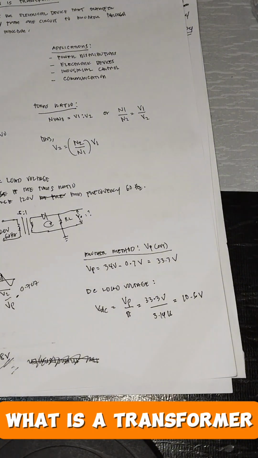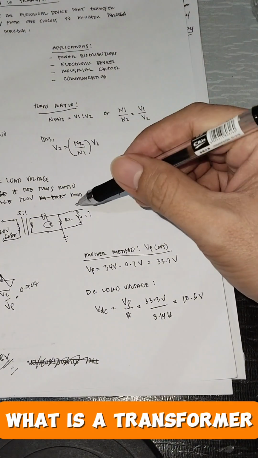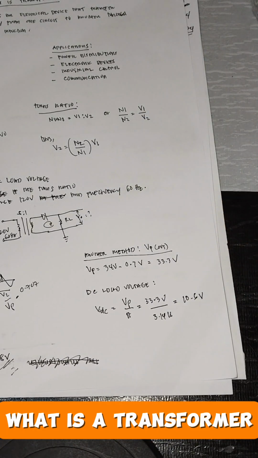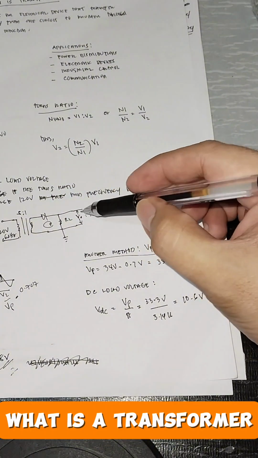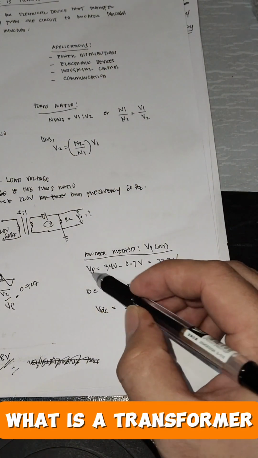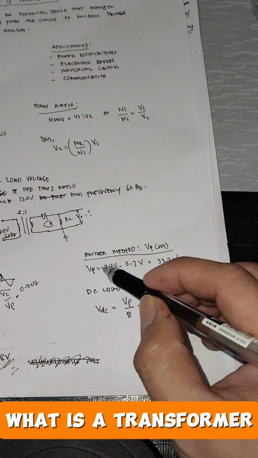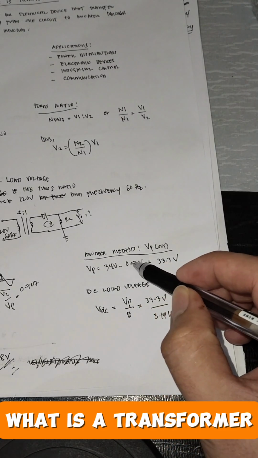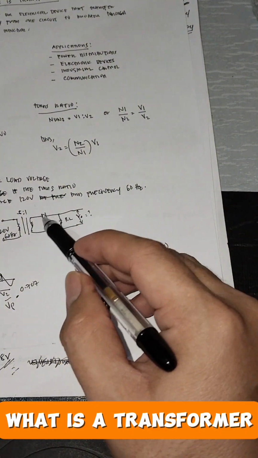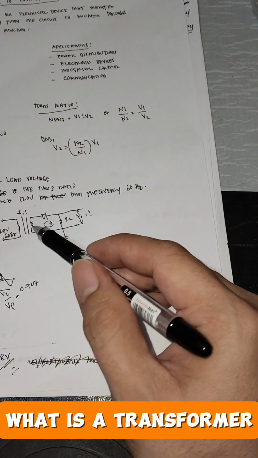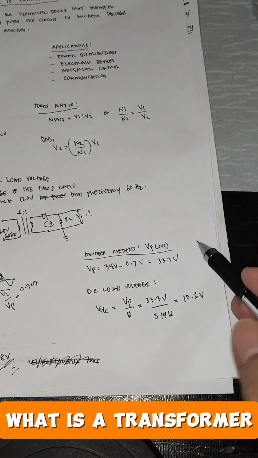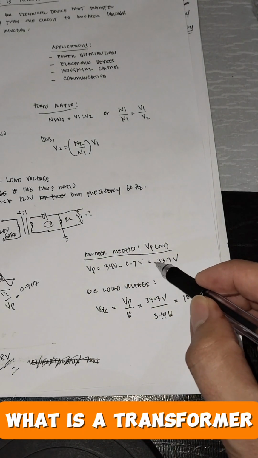Okay, so I think we can also use the second approximation method in solving the output voltage of this problem. We have the formula VP is equal to 34 volts minus 0.7. 0.7 is the voltage drop, assuming this is a half wave rectifier transformer.